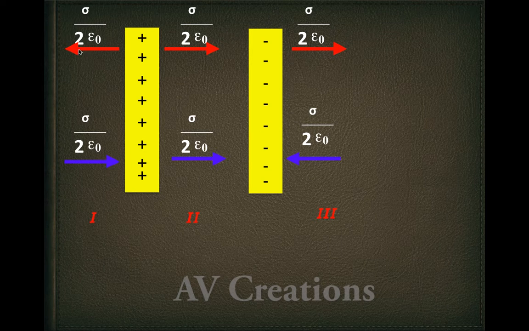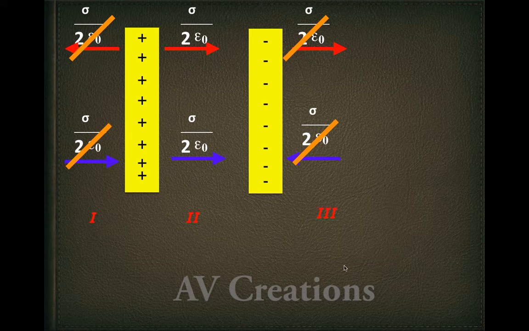So there are three regions, and we mentioned the value of electric field in each region because of the positive conductor and the negative conductor. But this electric field opposes this electric field, so they will cancel each other.